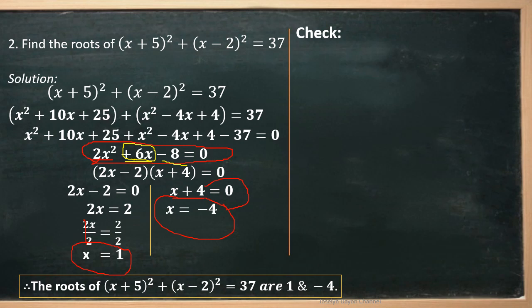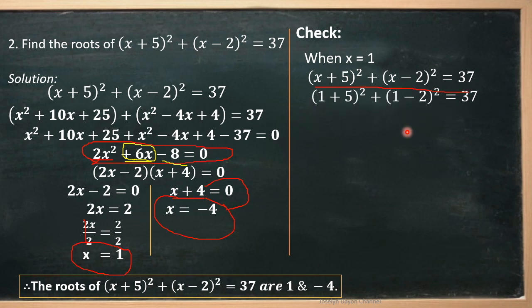Now, let's check to verify if the values that we obtained are really the solutions of the equation. So first, when x is equal to 1, copy first the given equation. Next, substitute x by 1. So (1 + 5)² + (1 − 2)² = 37. We have to combine first the terms inside the parentheses.